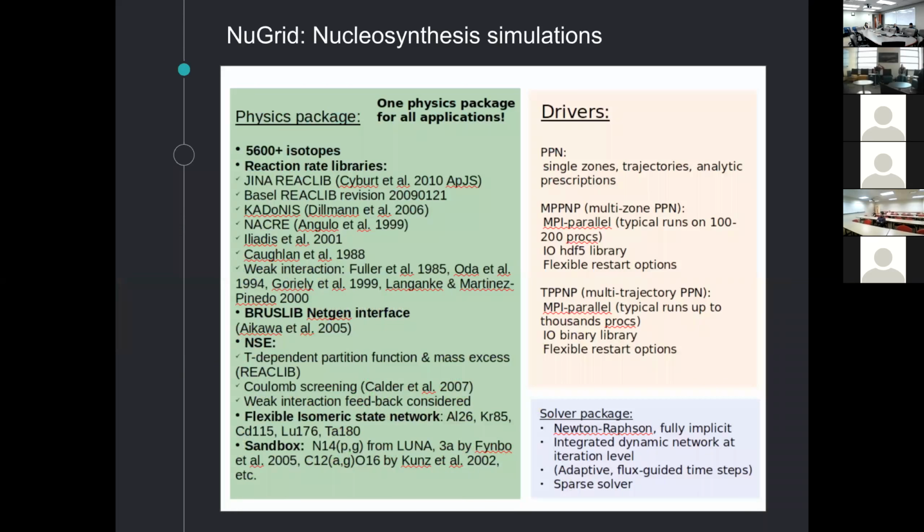So a quick word on the NuGrid suite of codes that we have. There are a number of different frameworks that we use to investigate different burning in different regimes. So for instance, here the diagram on the right-hand side outlines 3 different frameworks that we have. PPN is used for single zone, single trajectory analysis.